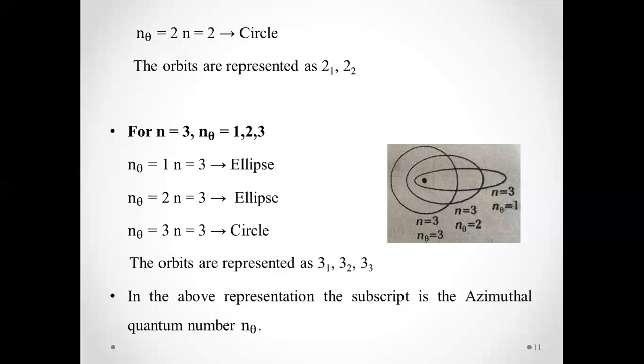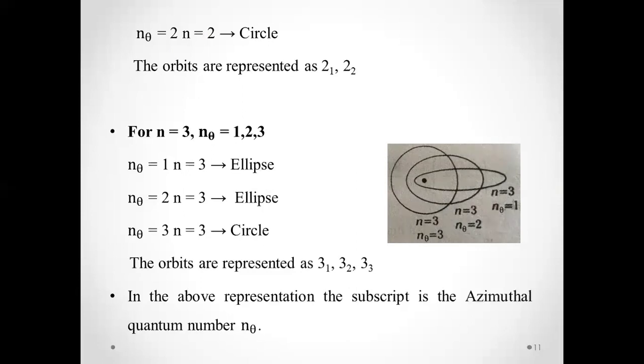For n equals 3, n theta can take three different values of 1 or 2 or 3. If n theta is equal to 1 and n equals 3, the orbit is definitely an ellipse. If n theta is equal to 2 and n equals 3, once again, the orbit is an ellipse.